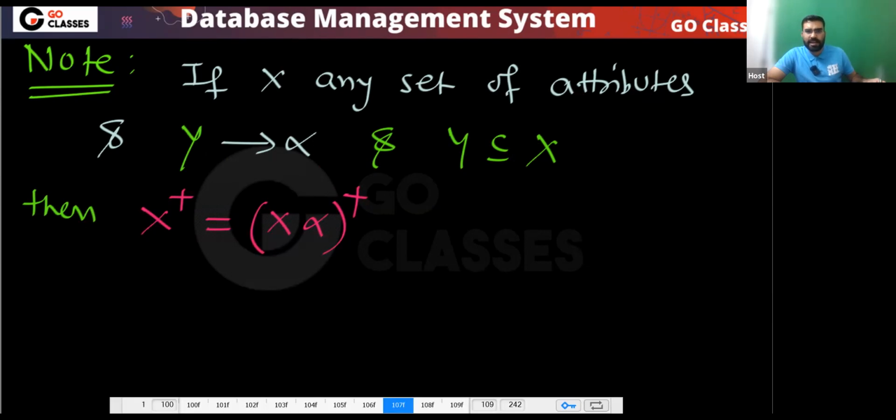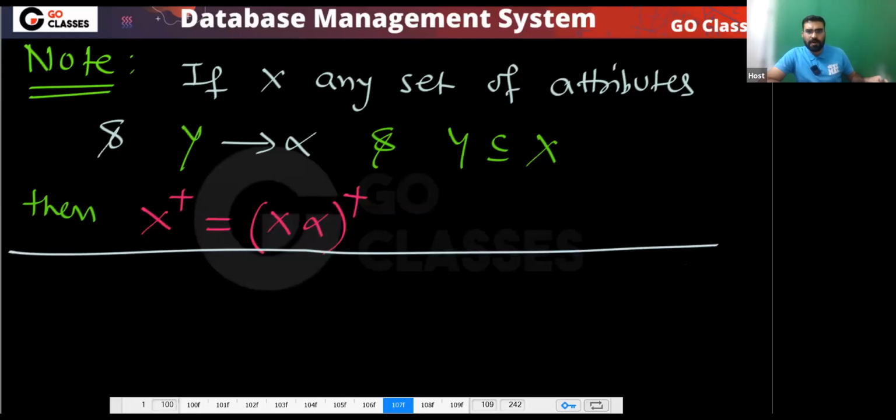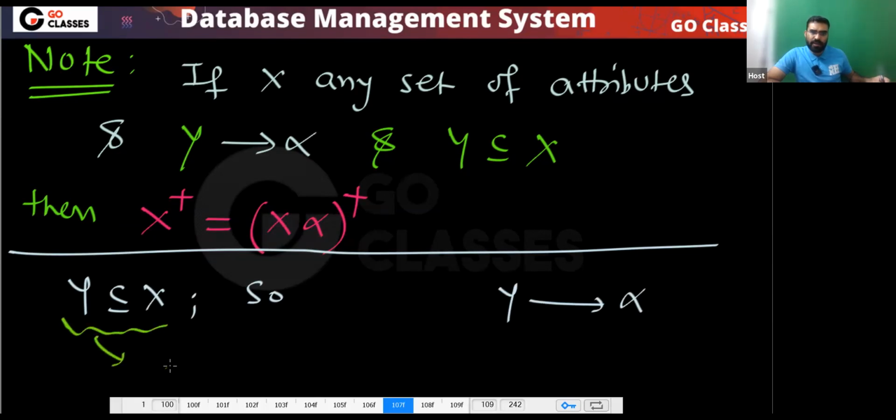Yes, this will be same, right? Why is this also true? Because Y is a subset of X. So if Y can determine something, and Y is a subset of X, then X can determine Y. So you can notice that X can determine alpha.